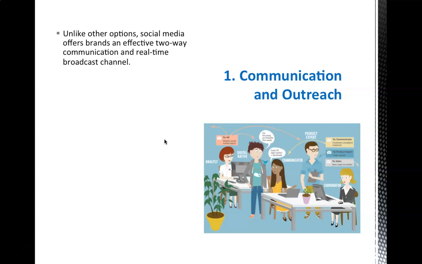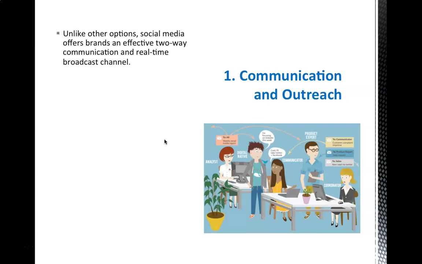So communication and outreach. Firstly, we're looking at this notion of communication and how it has allowed, influenced or improved the business world. Like a lot of other communicative methods that we use in marketing, they tend to be one directional.